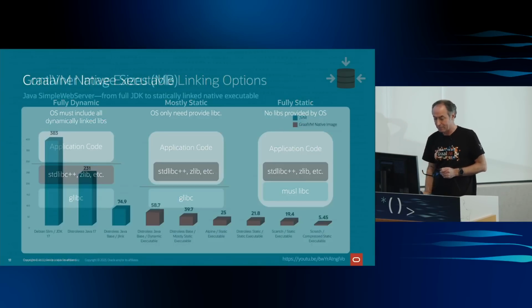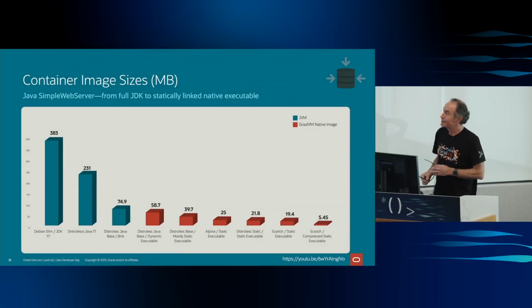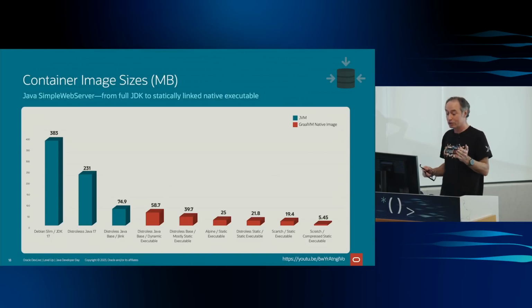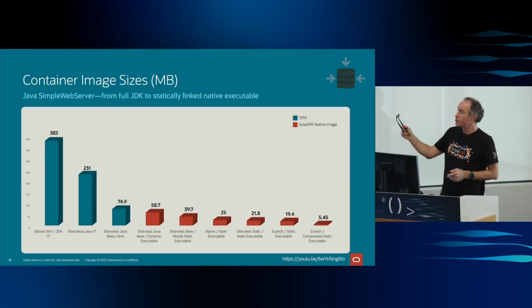So I gave a talk on this before, taking a very naive approach at the beginning, saying I'm taking my Java app and running it on a container image that contains a JDK, which you should never do. It's really huge, almost 400 megabytes. You start using distroless containers from Google, like distroless Java 17, which just contains the 17 JDK.